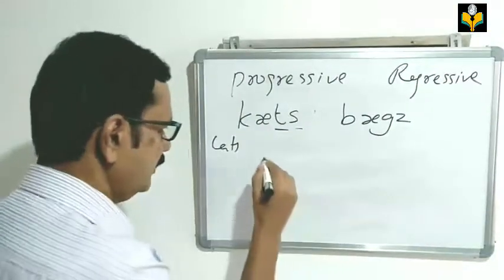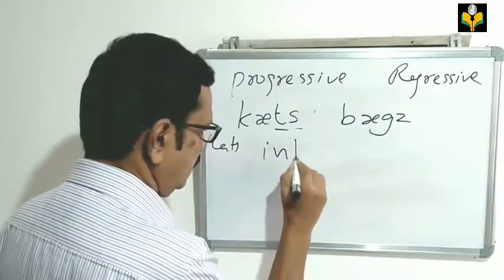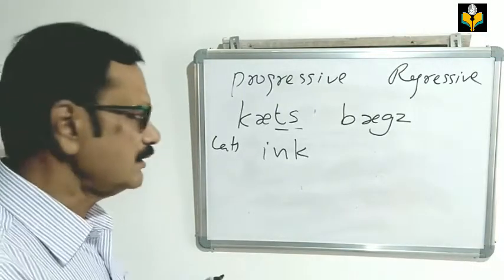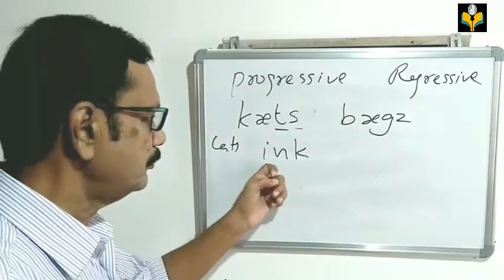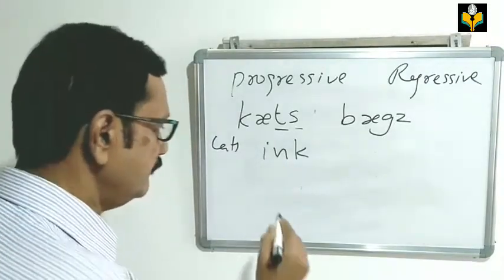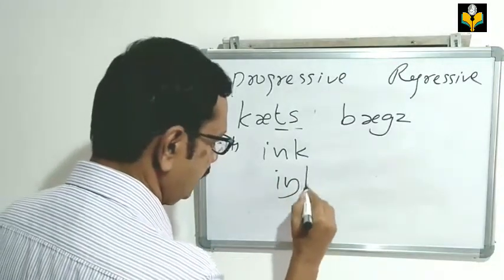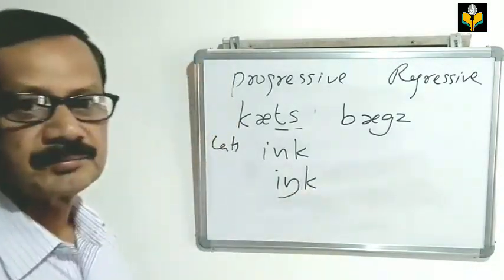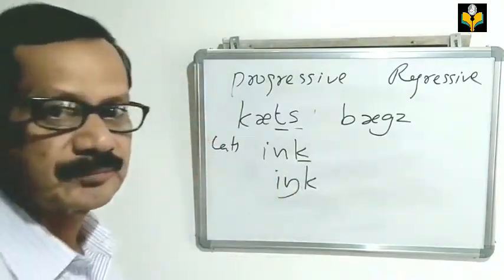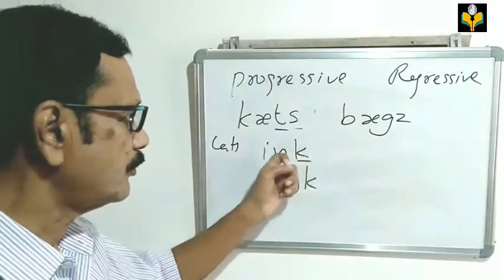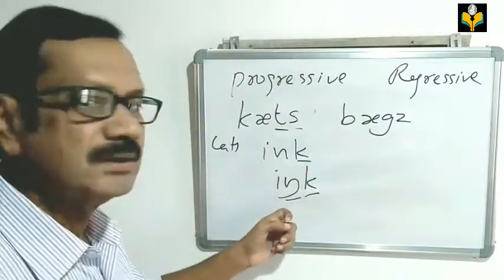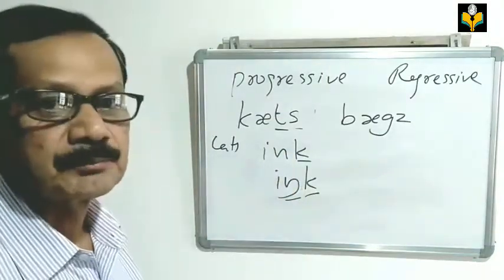Here there is ink. In spelling it is n, but instead of n we use the ng sound here, ink, because of the influence of the succeeding sound. The succeeding sound influences the preceding sound. So the n becomes ng because of k here.